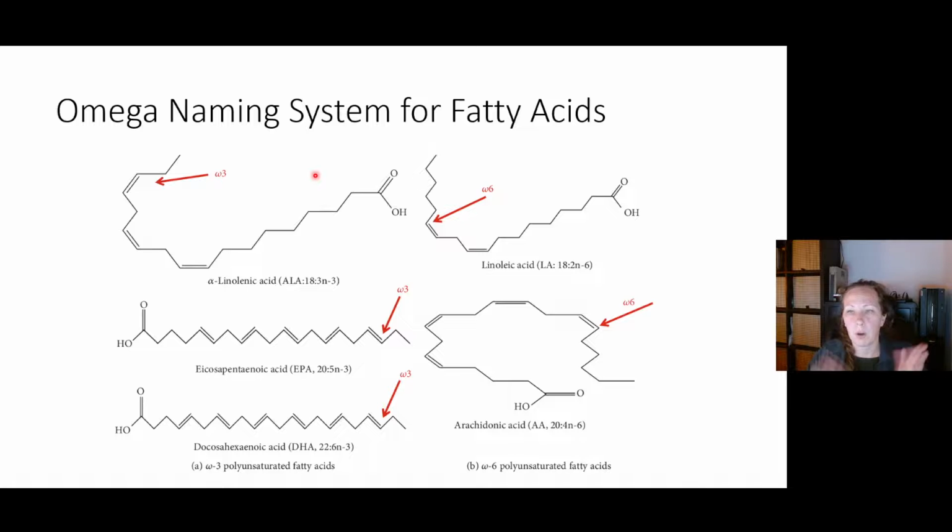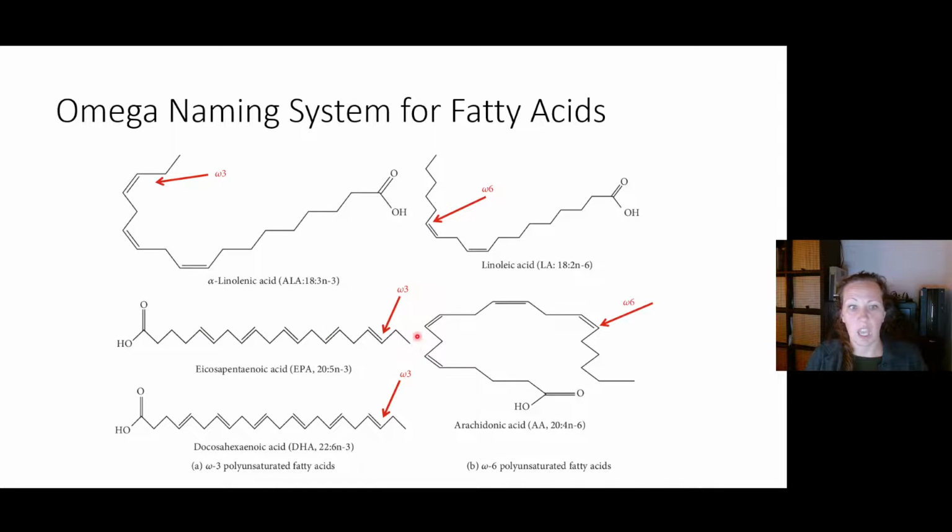The number after the omega is based on where the first double bond is, counting from the opposite end of what we've been talking about before. So usually we have the glycerol over here, right? And then this is the fatty acid, okay? So these are free fatty acids. There's no glycerol on them, but the glycerol would be attached right here at this carboxyl group, okay?